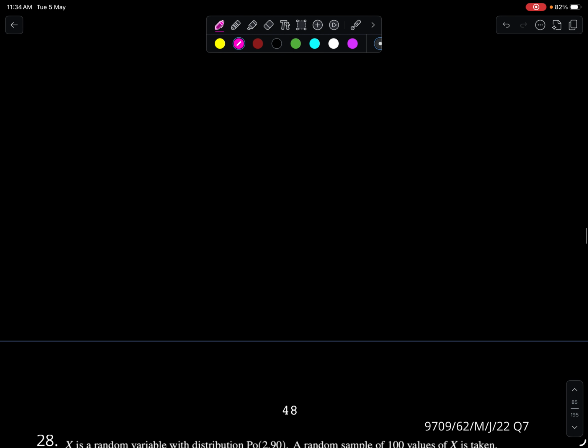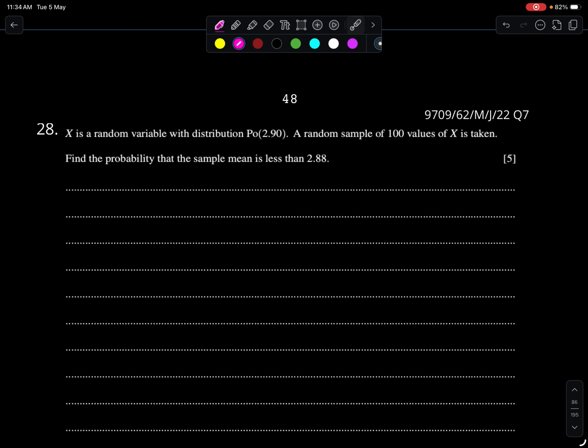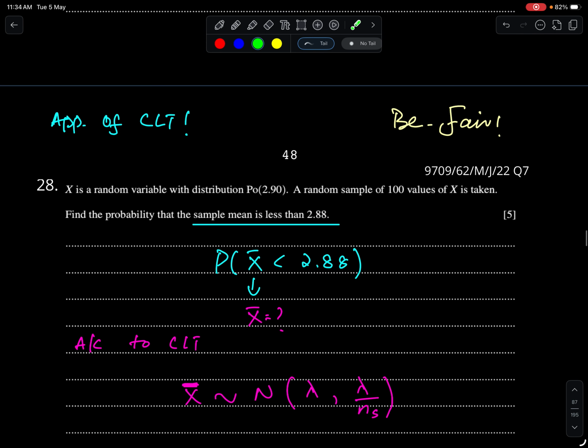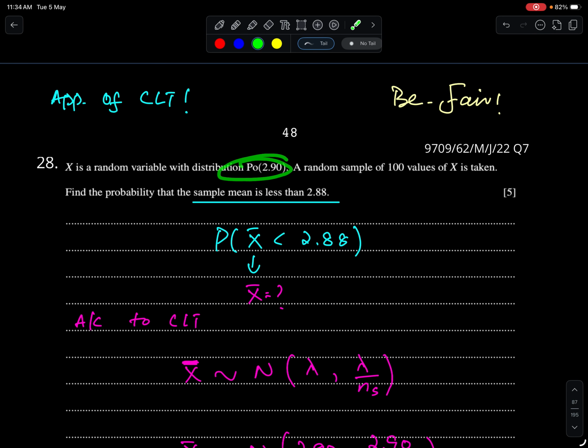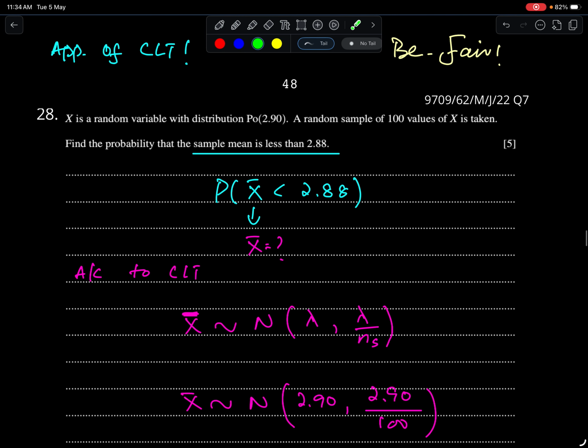Example 3, application of CLT. This is Poisson. See, Poisson, sample size is large. So we have to find the probability that the sample mean is less than 2.88. So this is the application of CLT. So X bar is approximately normal.